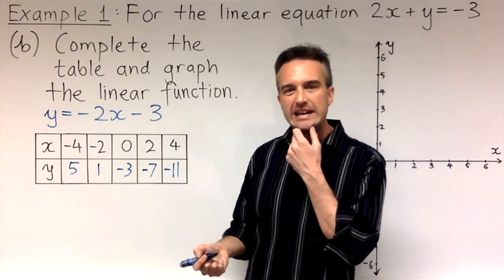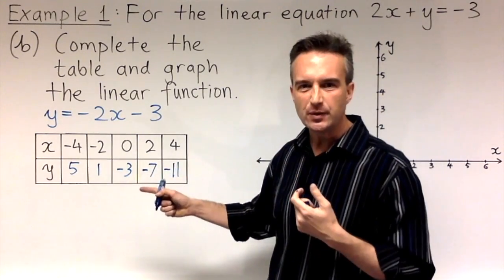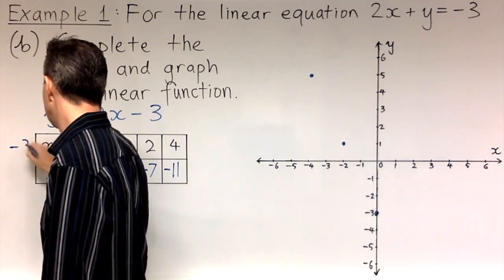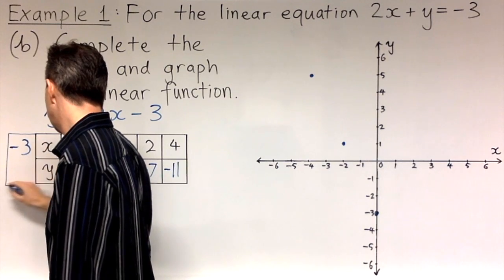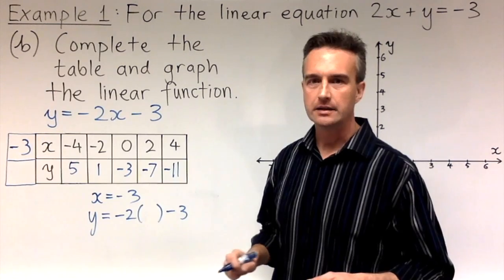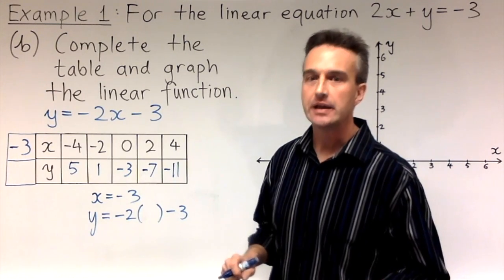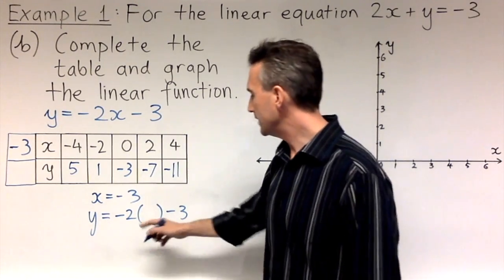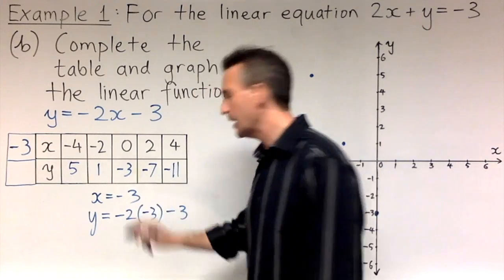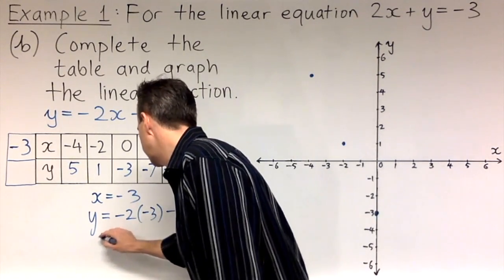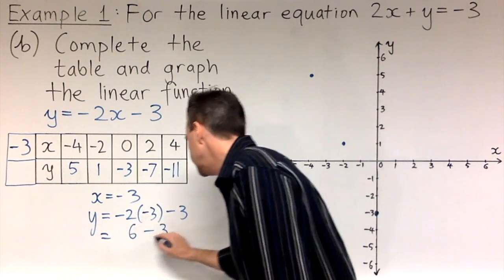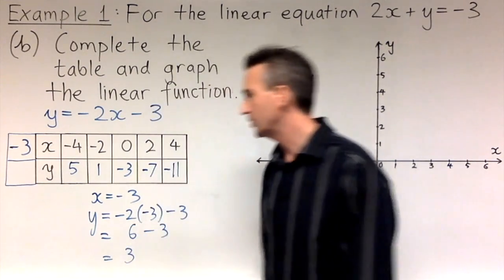I might try x equals negative 3. I'll just put it over the end. Let's find the y value for x equals negative 3. Putting it into our function form, we get y equals negative 2 times negative 3 minus 3. Negative 2 times negative 3, 6 minus 3 gives us 3.